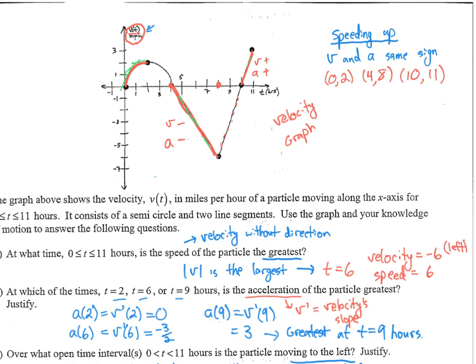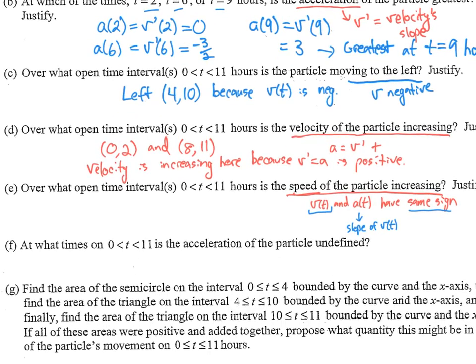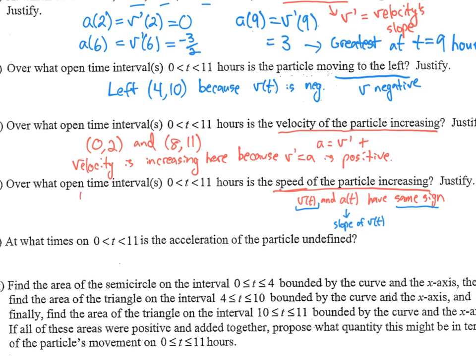All right, so those are our 3 intervals: 0 to 2, 4 to 8, and 10 to 11. And again, this is because, and this oftentimes is the most important part of writing these, because I want you to be able to communicate effectively what the reason for your answer is.